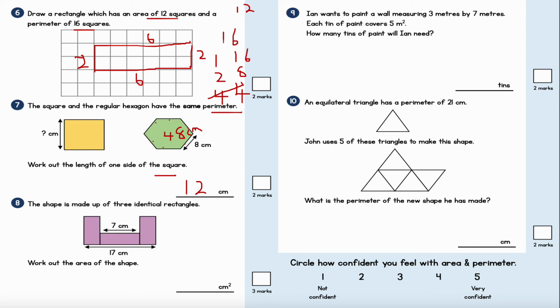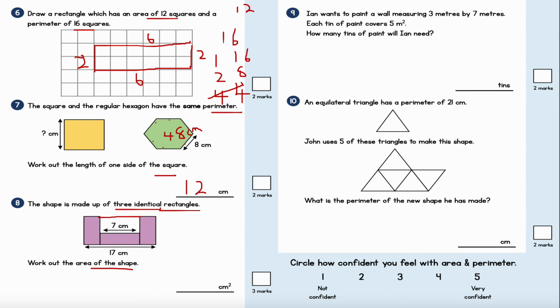This is question number 8, guys. The shape is made up of 3 identical rectangles. Work out the area of the shape. Okay. So if each part is 7, okay, and I want to work out, okay, so what I can do here, guys, is say, okay, I've got a full rectangle here.